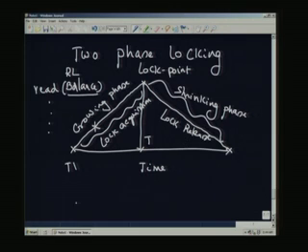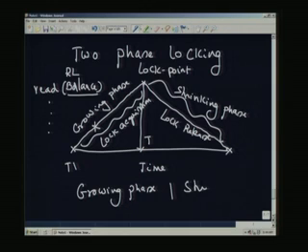So, the first phase is the growing phase and the second phase is the shrinking phase. The condition is that you are not going to ask for any more locks after you have reached the lock point. This is a very important condition that is enforced.